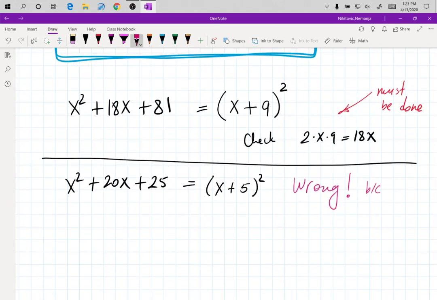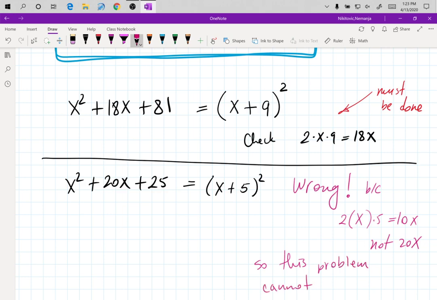It's wrong because 2 times x times 5 is 10x, not 20x. So this problem cannot be factored this way.